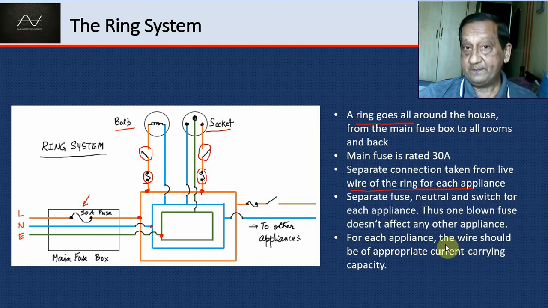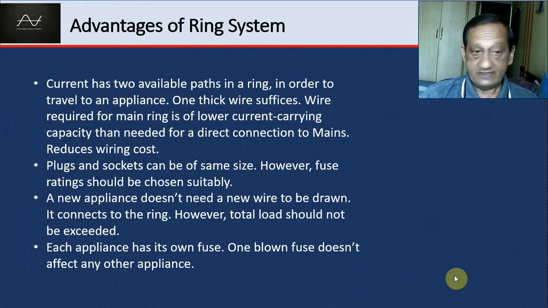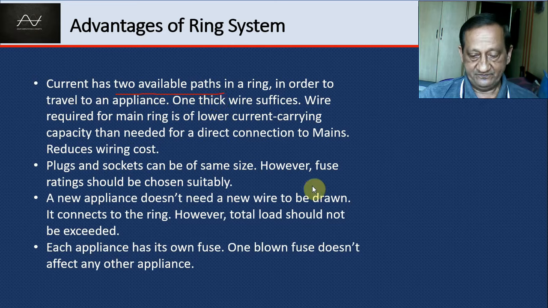For each appliance, though, we have to take care that the appropriate current carrying capacity wires are used for that particular current. Some advantages: the current has two available paths in a ring. It can go like this in a ring or go like that in a ring, right? In order to travel to an appliance.